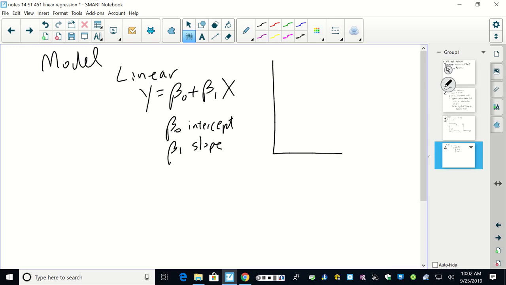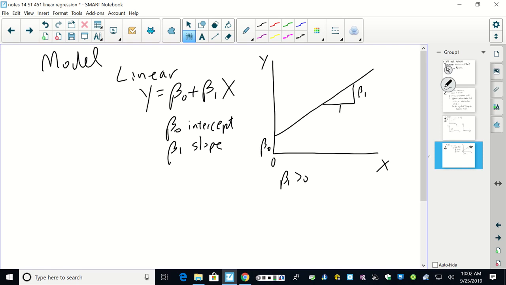If beta 1 is greater than 0, it would be a positive slope between x and y. If this is the 0 value of x, then there's an intercept here, and the slope is rise over run. So if you go 1 unit in x, that's how much you would expect y to go up.